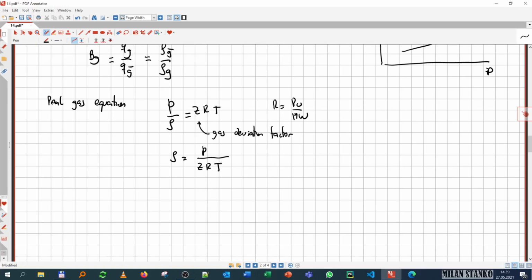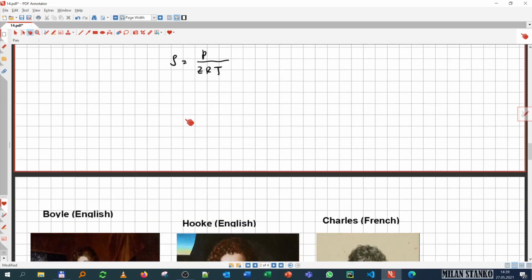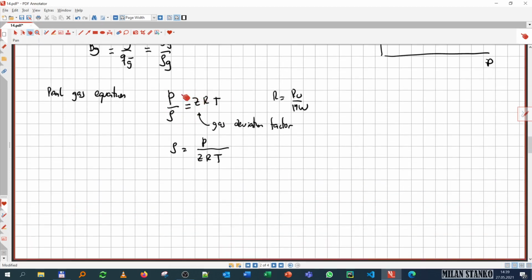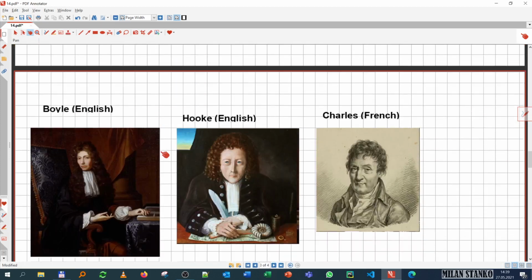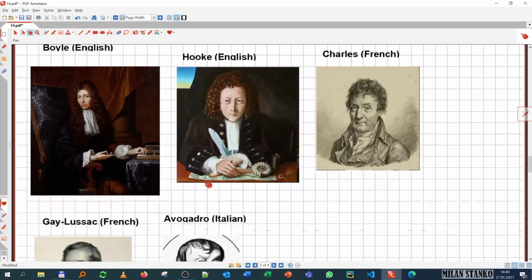Okay, and I hope you all remember where this equation comes from, but it was a development throughout many, many years. You have some important people here. You have Boyle and Hooke. Both were English. I think Boyle was actually maybe more Irish. Then you have some French, Charles and Gay-Lussac.